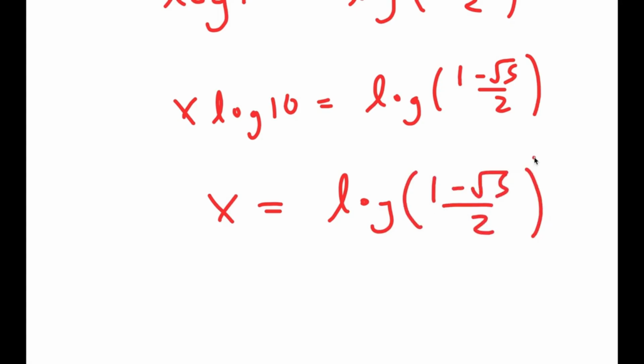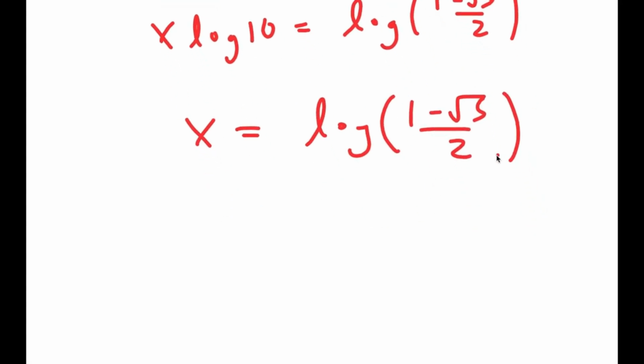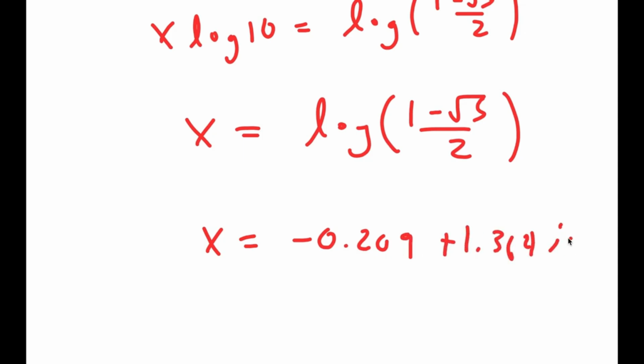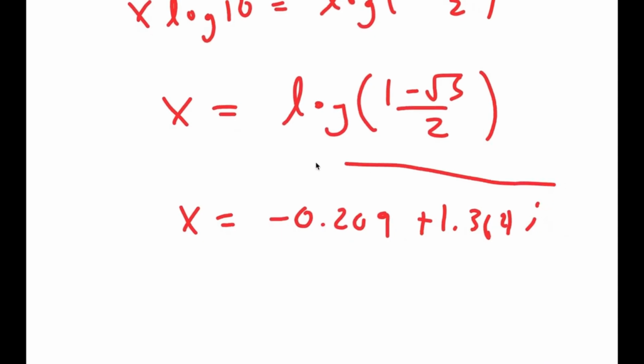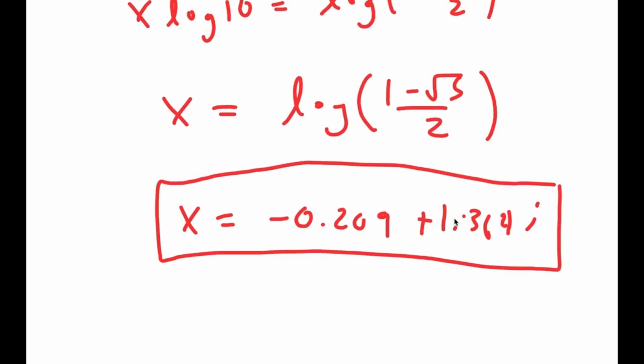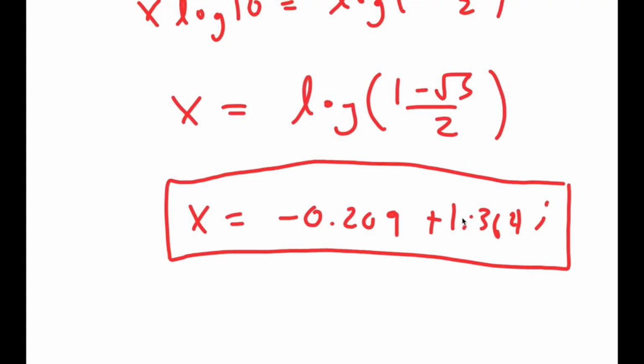Now, the exact value of this is actually going to be negative 0.209 plus 1.364i. So there is an imaginary number in this. So this is my second solution to this equation.